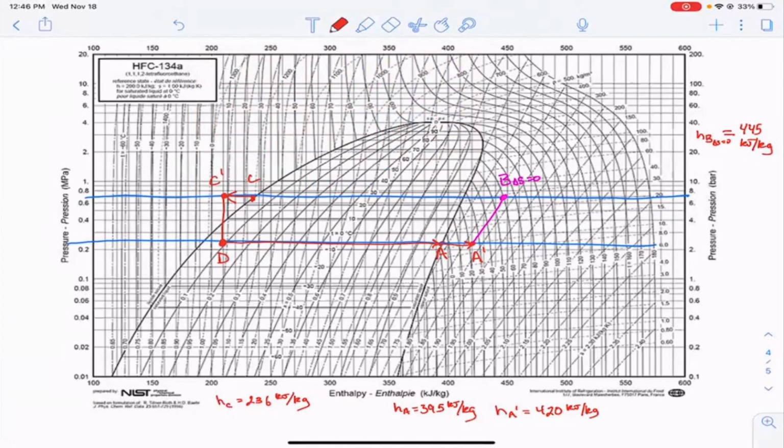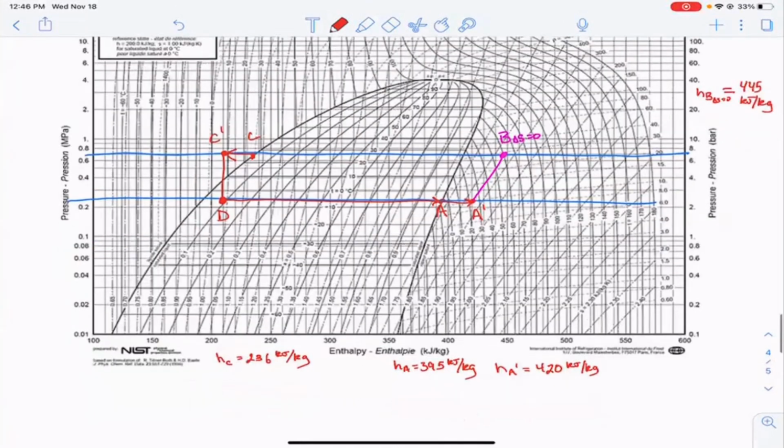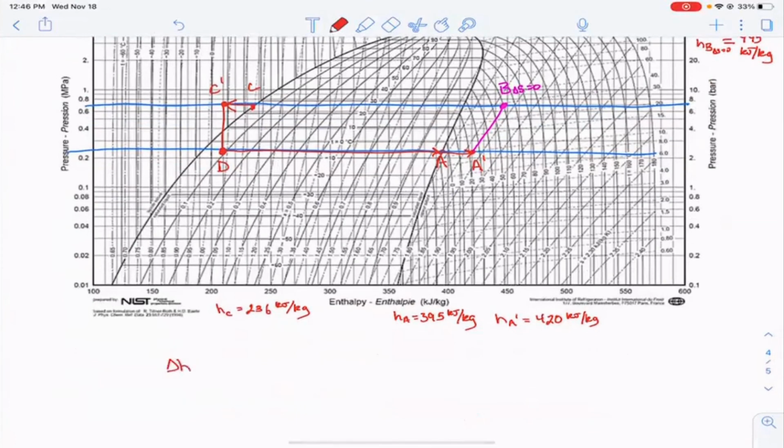And so we can calculate delta H for the compressor. And we know that delta H for our compressor is equal to the isentropic case divided by the efficiency. And that's just equal to HB when delta S equals 0 minus HA prime, divided by the efficiency.